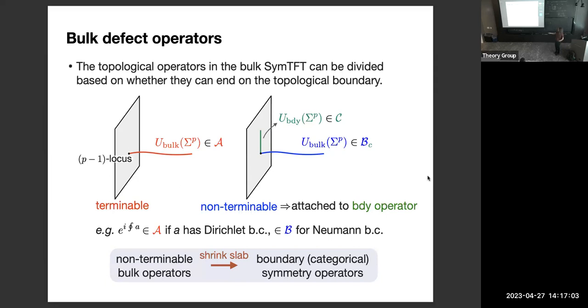This would be the case, for example, if this bulk operator is some Wilson line for the gauge field A in the bulk. If this A had Dirichlet boundary conditions, so it's just set to some constant value on the boundary, then this sort of operator would be able to terminate on the boundary. So it belongs to the Lagrangian subalgebra associated to that topological boundary condition.